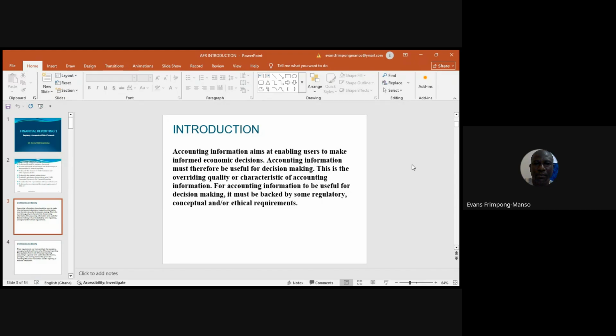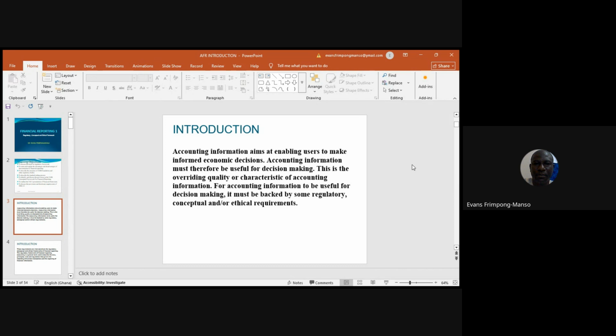And how will this financial information or accounting information help the users to make informed economic decisions? To be able to do that, the information so prepared and presented to the users must be backed by some regulatory regime. There must be some regulation backing how the financial statements are prepared. There must be some concepts that they have to take into consideration in preparing the financial statements.